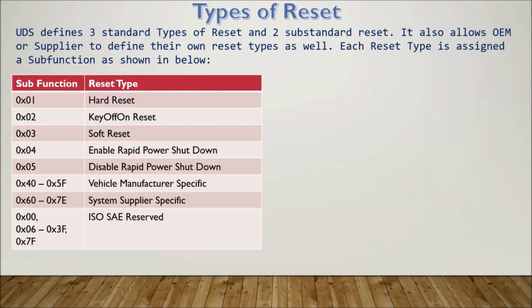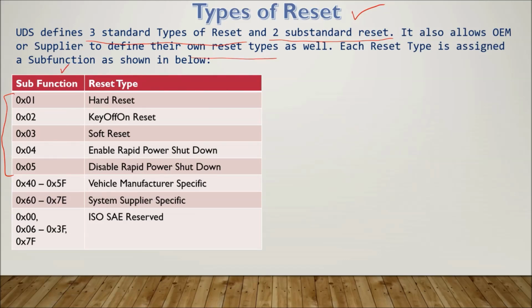Depending on that, we have the types of reset which the tester can request from the ECU. UDS defines three standard types of reset and two substandard resets, which are shown here. It also allows the OEM or supplier to define their own reset types as well. Each reset type is assigned a subfunction.